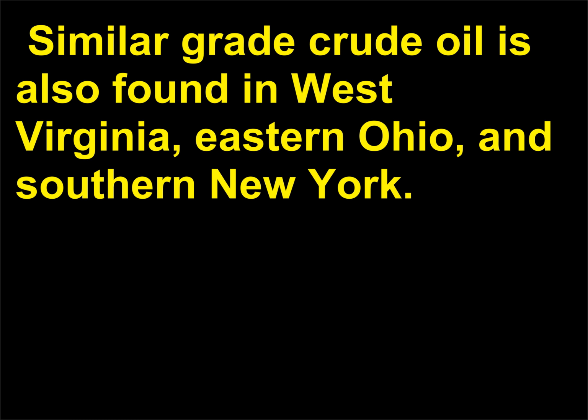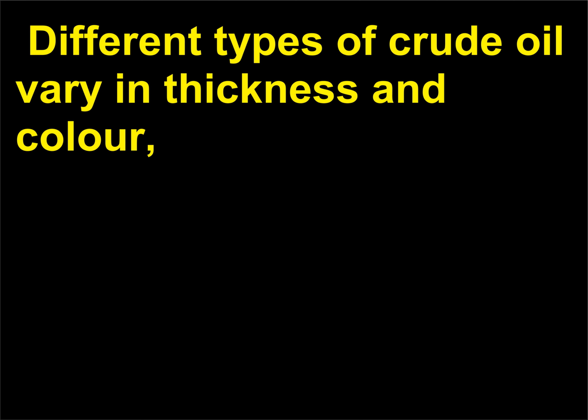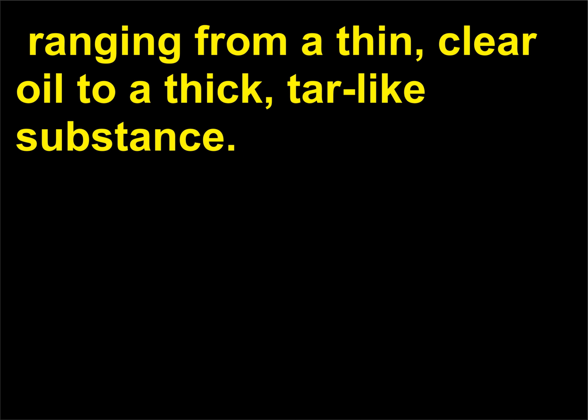Similar grade crude oil is also found in West Virginia, eastern Ohio, and southern New York. Different types of crude oil vary in thickness and color, ranging from a thin, clear oil to a thick, tar-like substance.